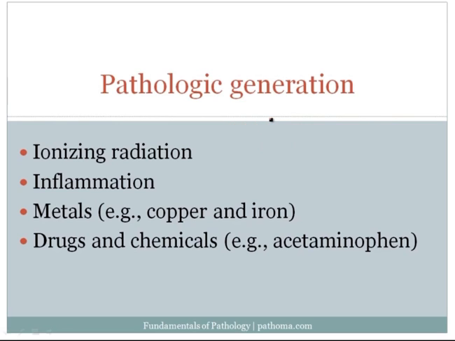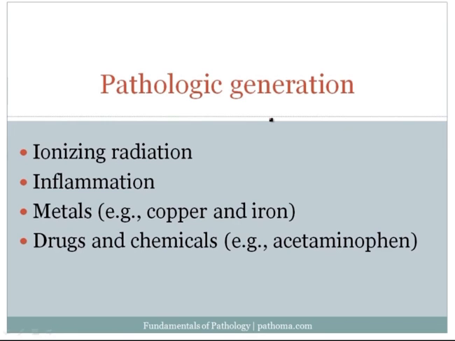Now, another mechanism by which free radicals are generated is inflammation. Remind ourselves that when neutrophils come in to battle an infection, they have 2 mechanisms of killing the microbe. One is called oxygen dependent, the other is oxygen independent. Remember that the oxygen dependent mechanism, if you go back to biochemistry, starts out with something called an oxidative burst.